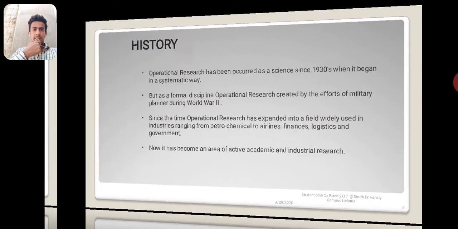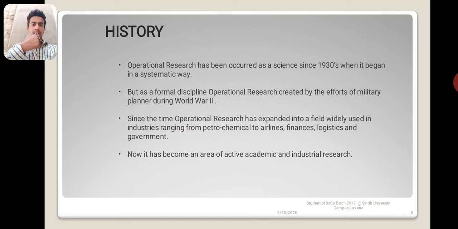History. Operational research has been acquired as a science since 1930, when it began in a systematic way, but as a formal discipline, operational research was created by the efforts of military planners during World War II.